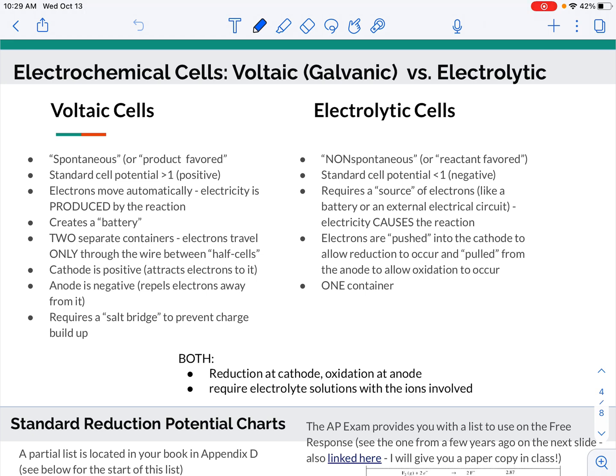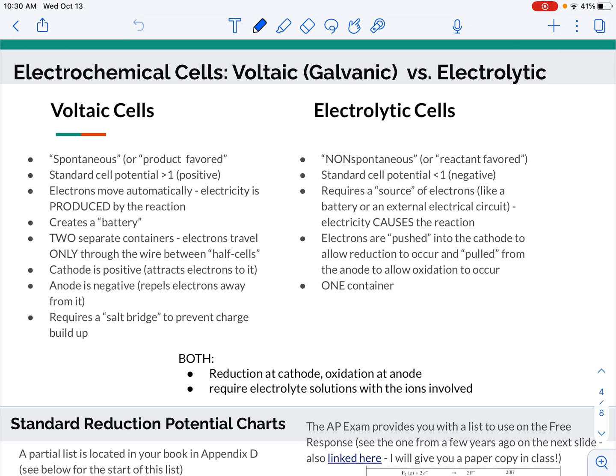The next thing you want to think about is that electrons in voltaic cells move automatically, that it's producing electron movement by the reaction occurring spontaneously. So it's basically what we have in our batteries. When we're using our batteries, we are completing the circuit that's created, and the battery cell is creating the movement of electrons, and we're just harnessing it to run whatever we're running out of our battery.